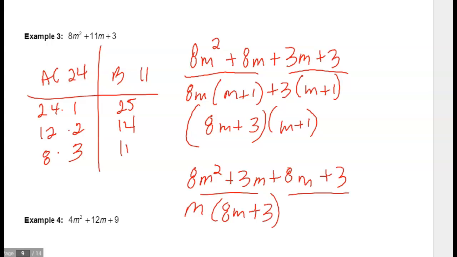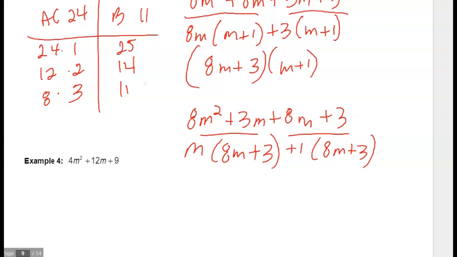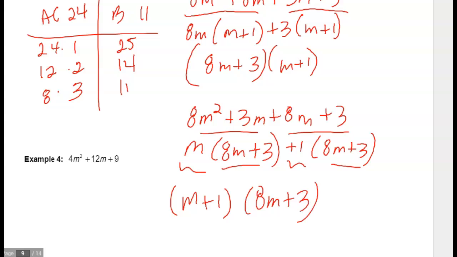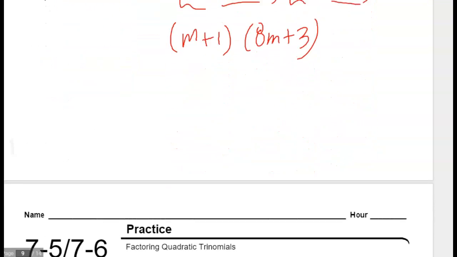And then over here I can't pull out anything, so I factor out a 1. That leaves me with 8m plus 3. So now when I group things together, I have my m plus 1 and my 8m plus 3. So it's the same thing, just opposite order. Okay, so that just shows that you can do it in either order.